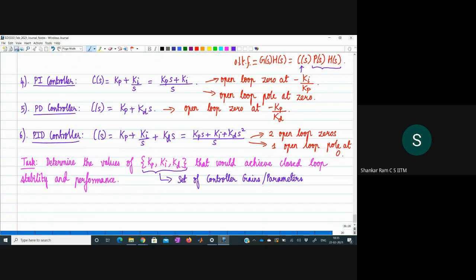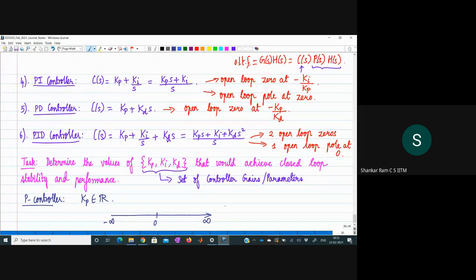Of course, is it an easy task? Once again, there are challenges. Nothing comes free, right? So even if we take a proportional controller, let me articulate what the challenges are. Even if we take a proportional controller, please note that we have only one parameter, so we need to figure out only Kp. But Kp is a real number, so it is going to vary from minus infinity to plus infinity.